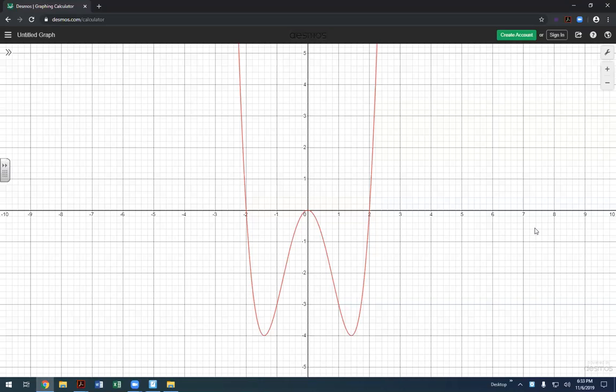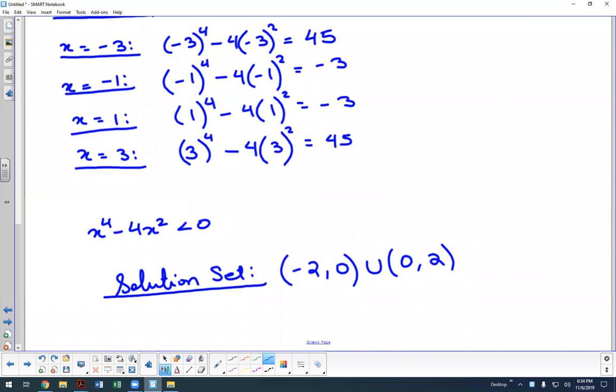Right here at 0, it's going to be equal to 0. At -2, it's equal to 0. At +2, it's equal to 0, so we cannot include our endpoints. So that should give you a little bit of a visual on that.